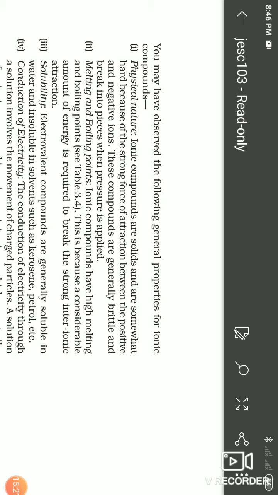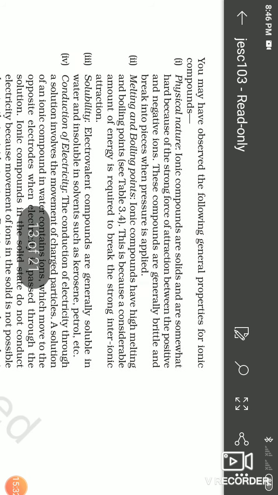The force of attraction between two oppositely charged ions is the ionic bond. Two or three definitions are sufficient.